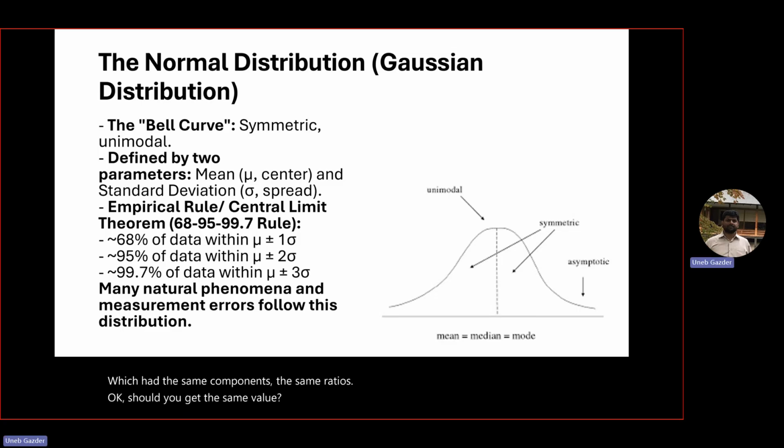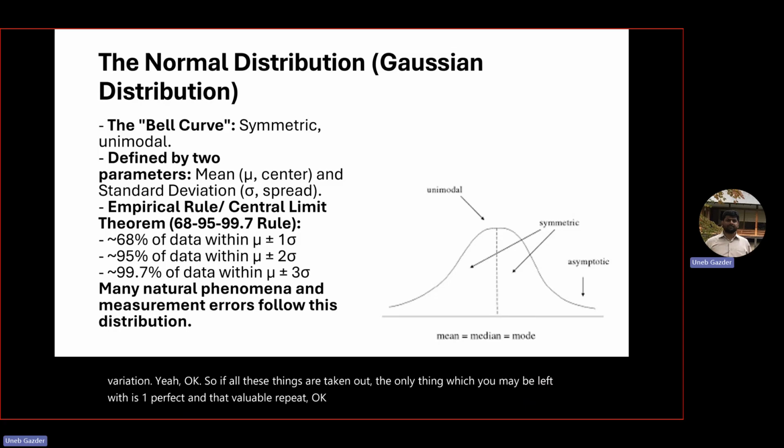Yes, you should, right? But we don't, because conditions are not ideal. So there are some errors. It's not like something negative. Error is anything which is causing the variation. So if all these things are taken out, the only thing you will be left with is one perfect value, and that value will repeat.